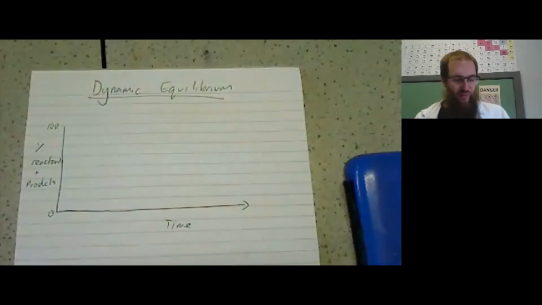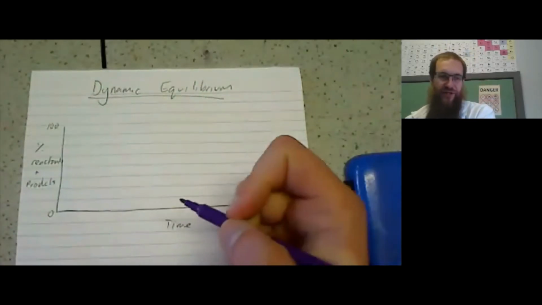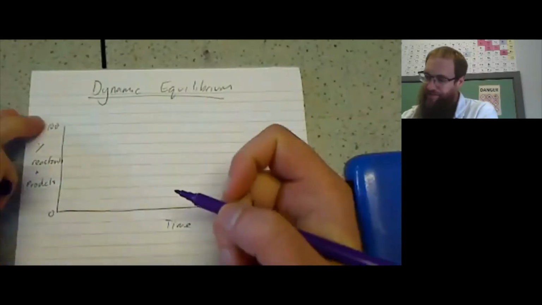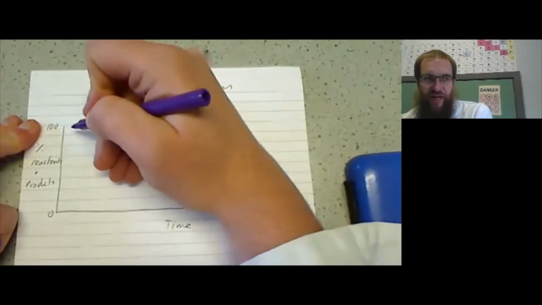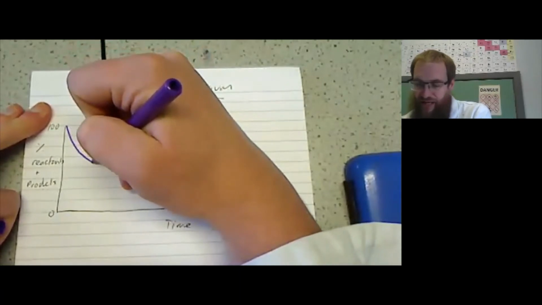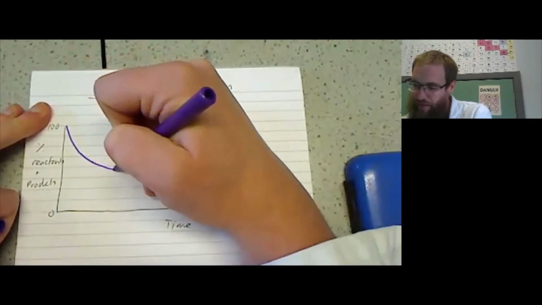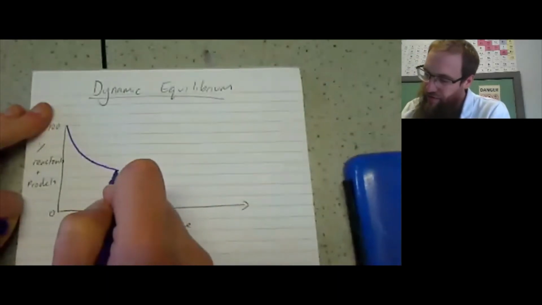So what we'll do is we'll use this purple line to show the reactants. It starts off at 100%, and over time, as the reactants get used up, the concentration falls.